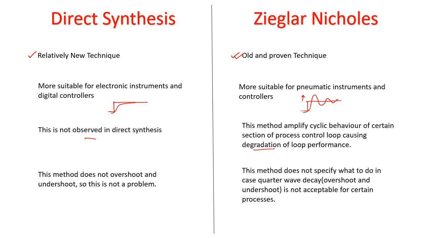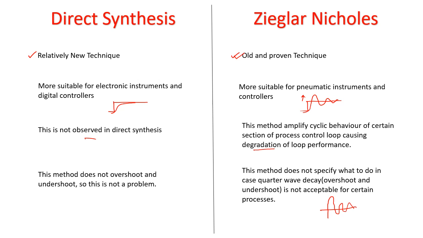Now, if you see, Ziegler-Nichols tells us to go to a situation where we can get a quarter wave decay, but where this sudden overshoot and undershoot is not acceptable, what to do in that situation is not clearly mentioned in the Ziegler-Nichols technique.